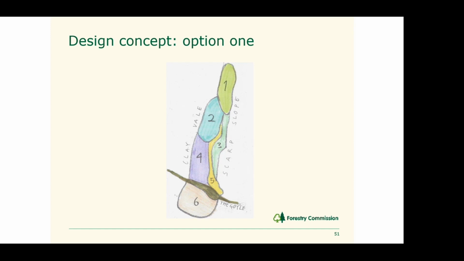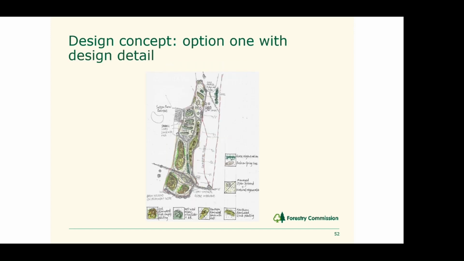So you can fit that in, it'll all combine to be one woodland, but it'll have all this diversity within it and all these different slight characters. It's a really good example of how you integrate a new woodland into place, so it enhances and reinforces that landscape character. And then you can zoom in and start giving a lot more detail.